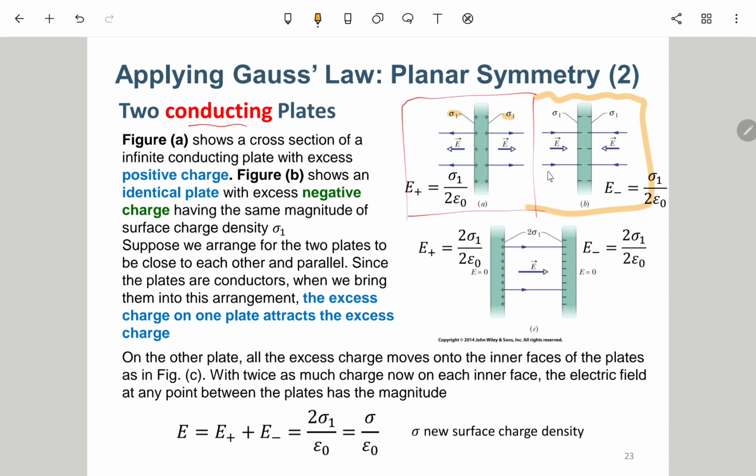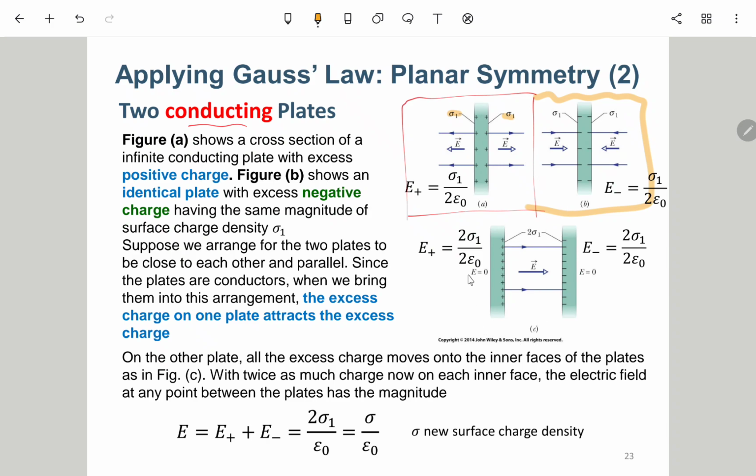So on the left side we generate an E field pointing to the right, and on the right side an E field pointing to the left. E plus and E minus have the same magnitude, but of course the directions are opposite.